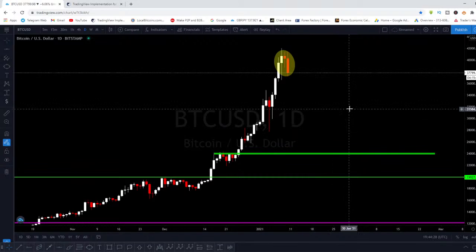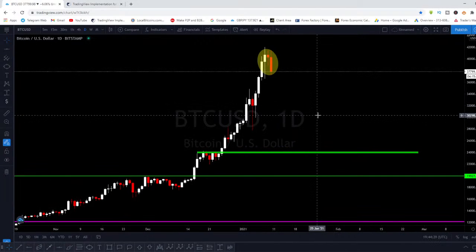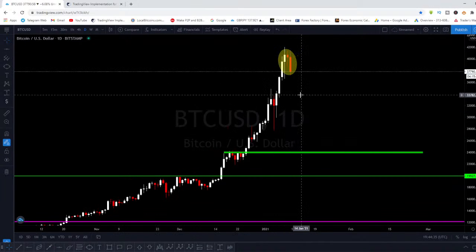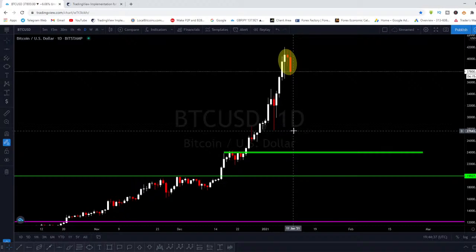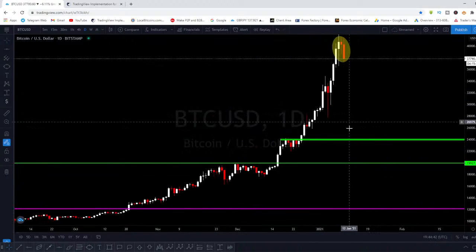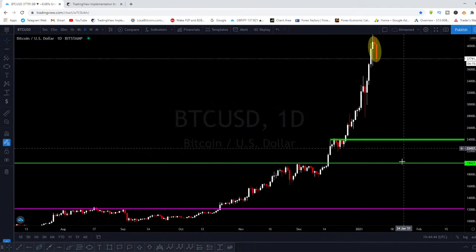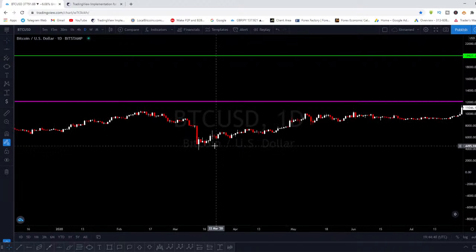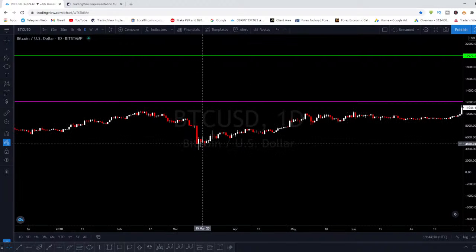So if you bought BTC USD and are waiting for it to continue to move to the upside, I don't think BTC USD is going to continue to move to the upside, guys. So wait for it to come back down to this point before you start to buy it. And of course I'm not interested in buying BTC USD as of now.